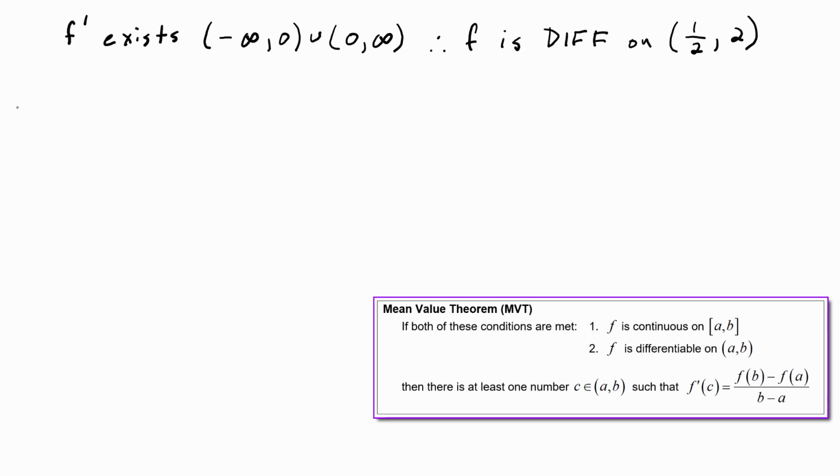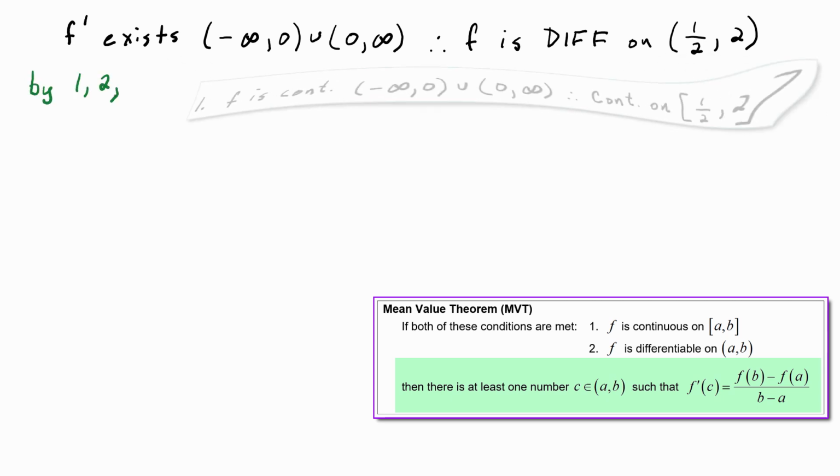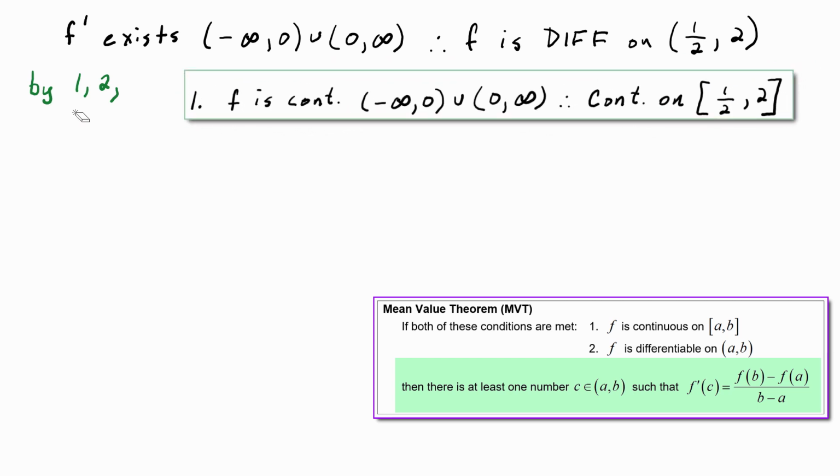So now that we know the mean value theorem applies, we can make its conclusion. So by 1 and 2, remember 1 was where we showed that f is continuous on the closed interval from 1/2 to 2, and 2 is where we showed that f is differentiable on the open interval from 1/2 to 2.